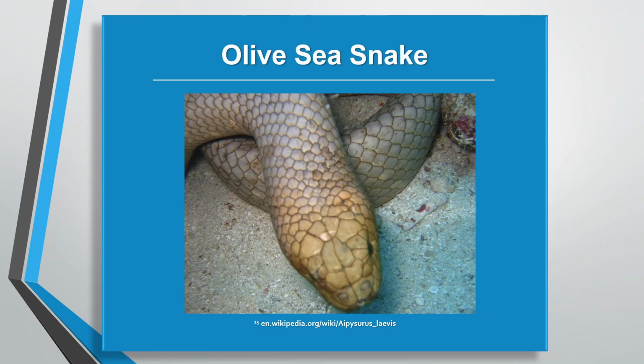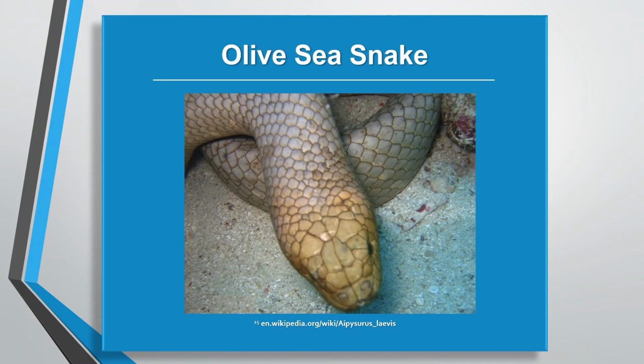hide from predators. The ventral side, the underbelly of the olive sea snake, lacks the long ventral scales that run across the underbelly of terrestrial snakes. These ventral scales are essential for motion on land.